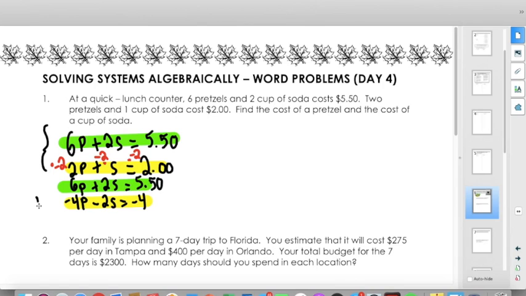And I'm going to add these two together. So 6 plus -4 is 2p. The S's cancel out. And then 5.50 minus 4, that's 1.50.